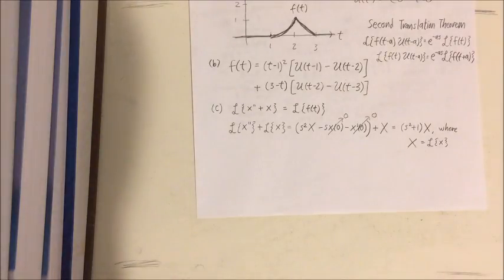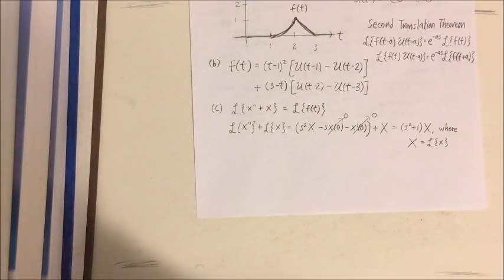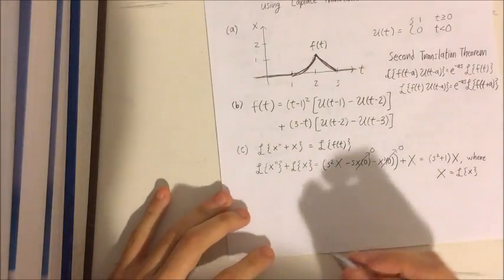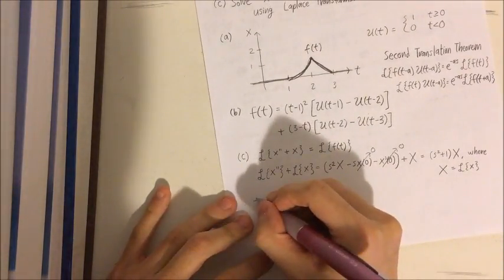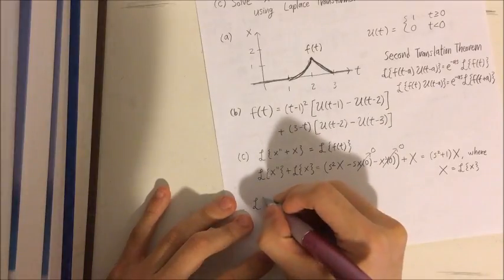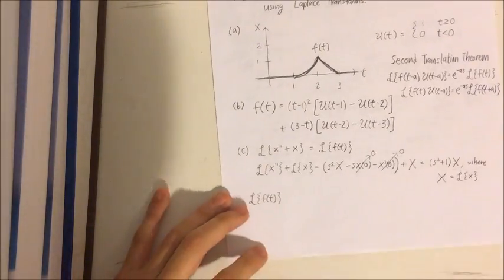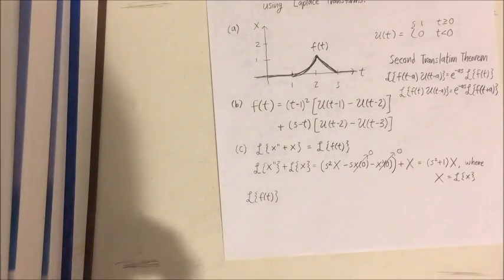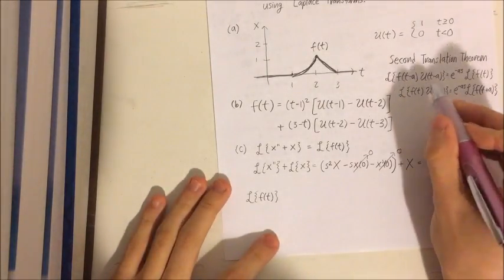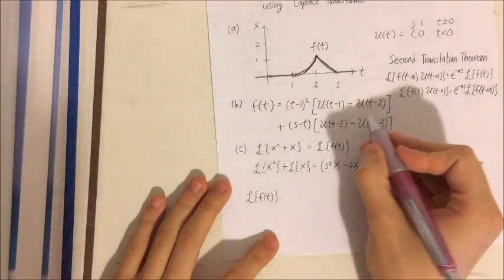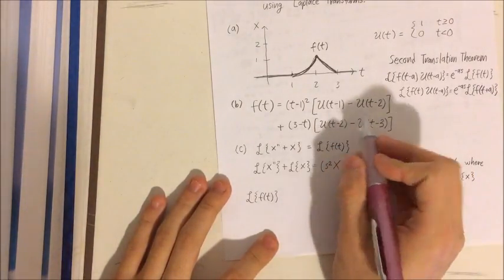Now we need to work on the right hand side, and this is where things are going to get tricky. So pay attention. We're going to have the Laplace transform of f of t. Because we want to use the second translation theorem and we want to get functions times the unit step functions, I'm going to factor out this u of t minus 2 in the middle.